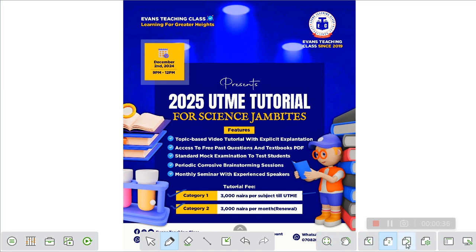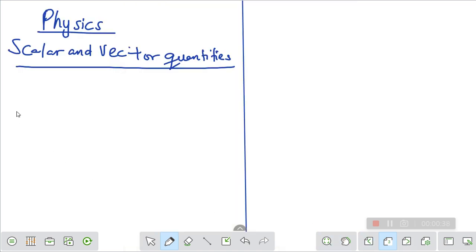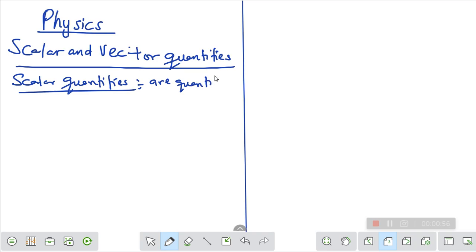So our topic today is scalar and vector quantities. Now, what is the meaning of scalar quantities? Scalar quantities are the quantities that have magnitude but no direction.